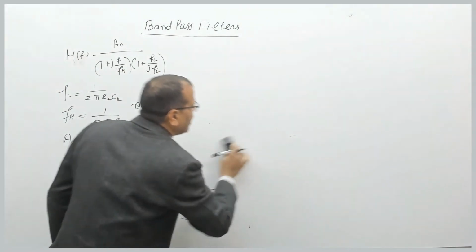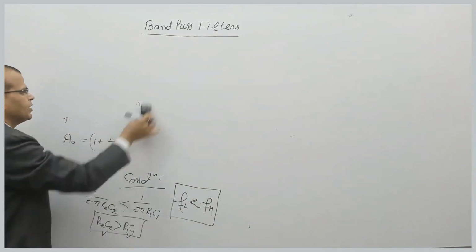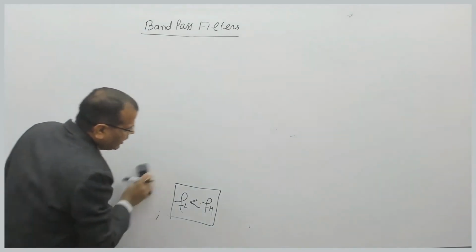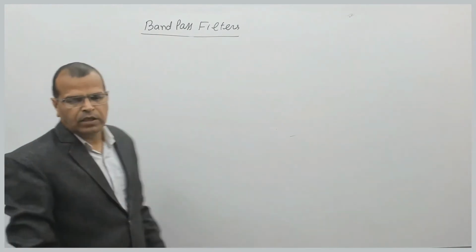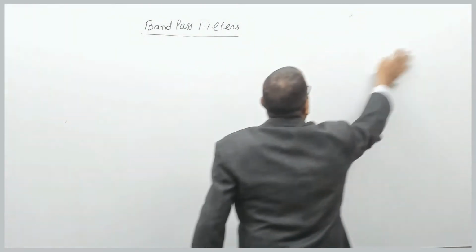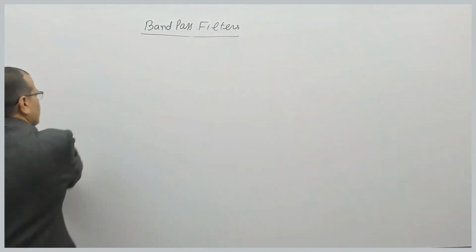That means there are two poles in the transfer function of this filter, and we have one S in the numerator. Let me rewrite the transfer function of the wide band pass filter we have considered.